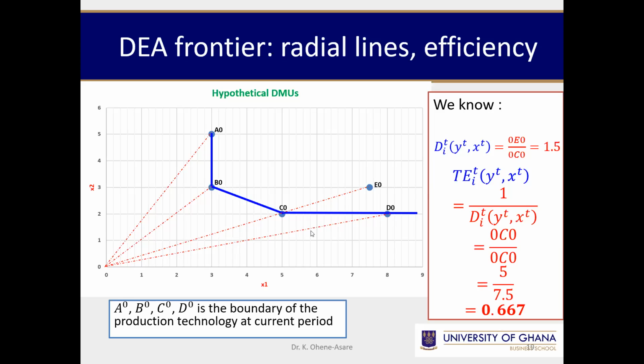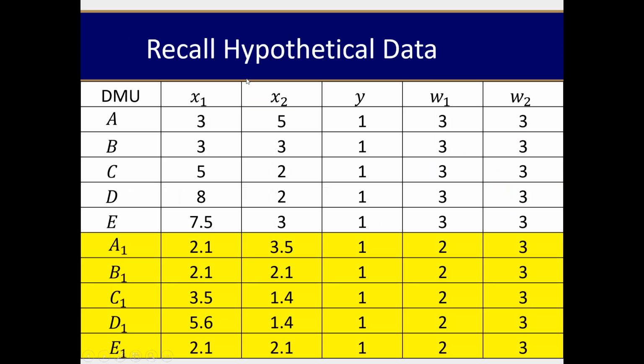And every isoquant, to get costs, you need an isocost. Now, to be able to get the isocost, you need to be able to go to the prices of the inputs, isn't it? So I'm going to go to the prices of the inputs here. These are the inputs. So the inputs for DMU A, input X1, which is 3, input X2, which is 5.